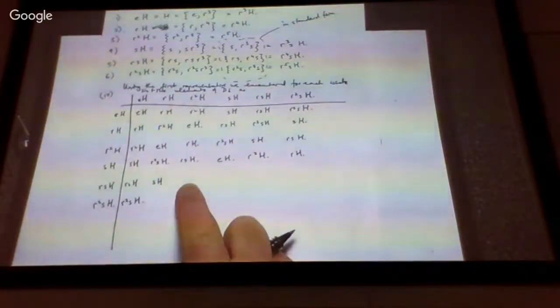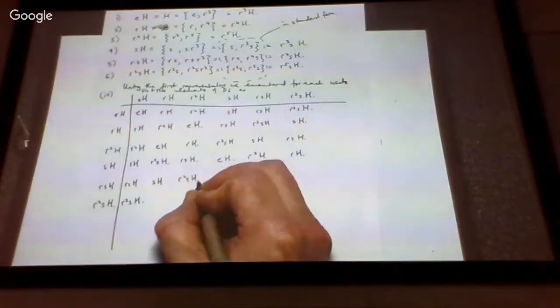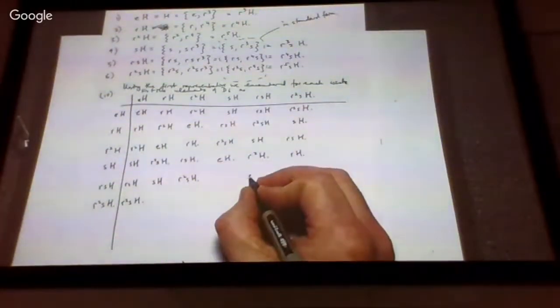And this one is just going to have to be the reflection type one I haven't mentioned yet, which is R squared SH.